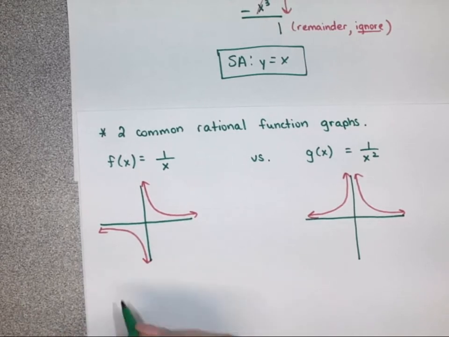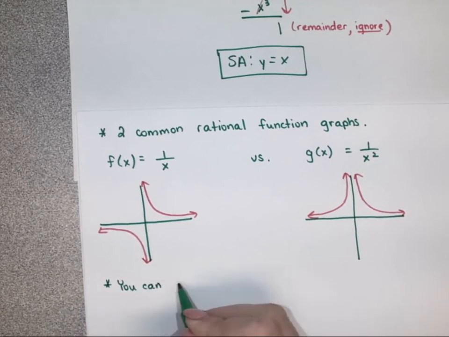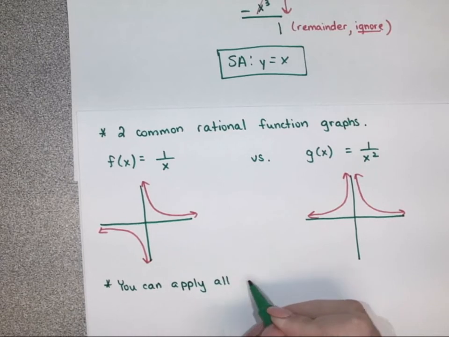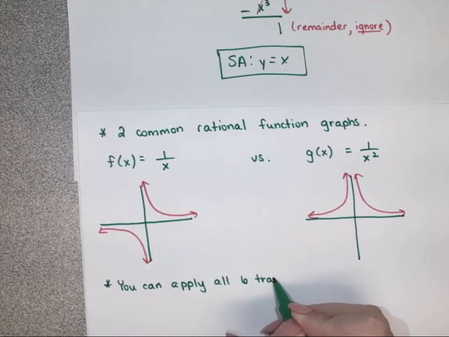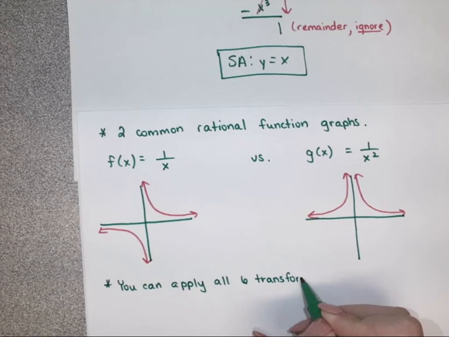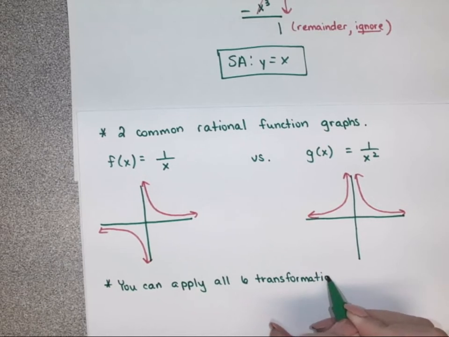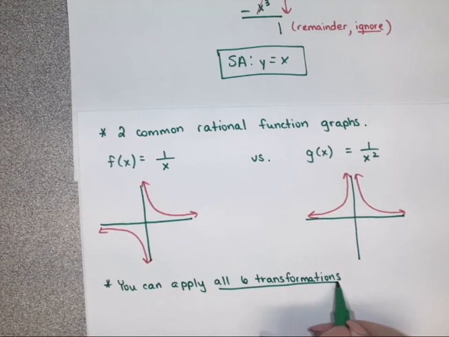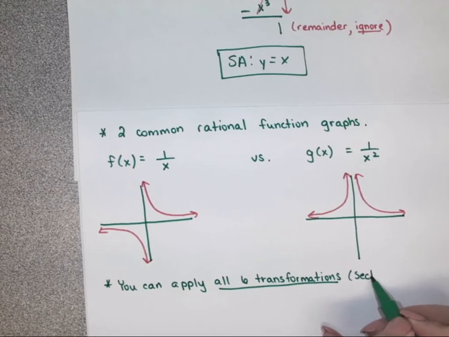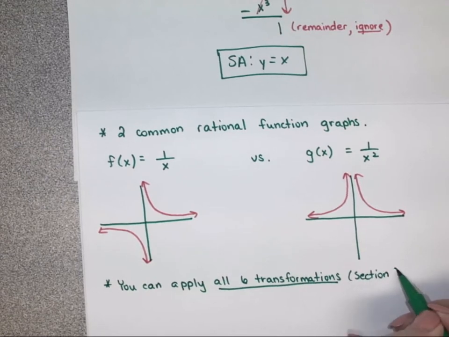But what you do need to be able to do is, from Unit 1, you can apply all 6 transformations to these. Okay, and if you've forgotten that, you might be able to refresh your memory in section 2.5.